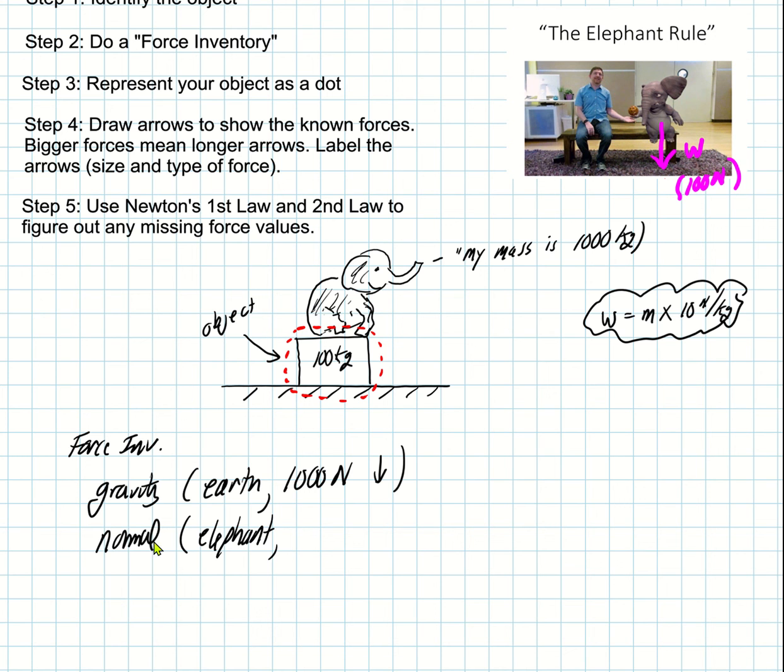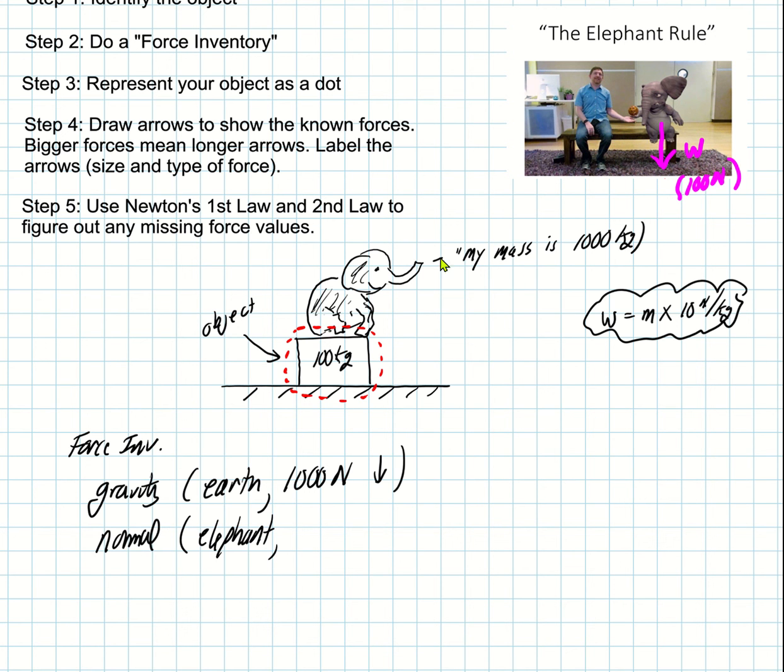But the thing is, we don't want to call this a gravity force. Yes, the earth pulls on the elephant, but we don't want to list this as another gravity force. The earth's pull causes the elephant to push down on the crate. And pushing forces are normal forces.